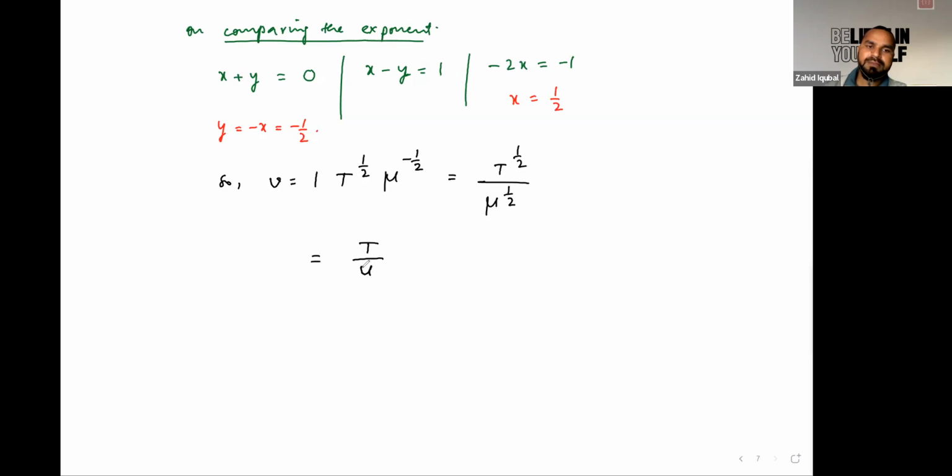Now T divided by mu, having common exponent half, is nothing but root under T by mu, equal to velocity. So velocity of transverse wave created on string is equal to root under tension by mu.